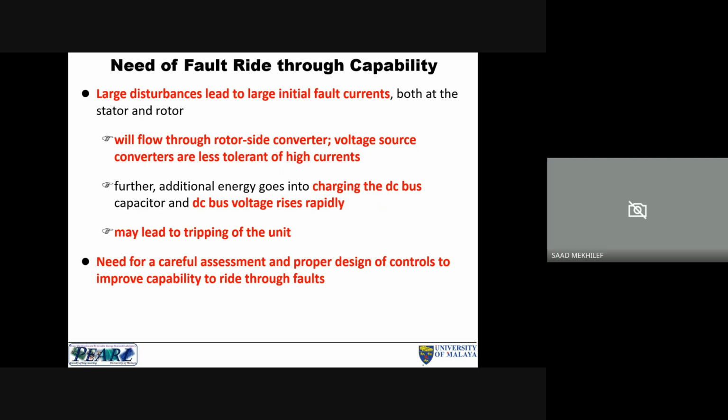Especially on the rotor side, voltage source converters are less tolerant to high currents, because, as you know, these converters are made of semiconductor materials. They are very sensitive, and they have very tight limits on the voltage and current capabilities. So if the fault current goes back to them, it will damage them.